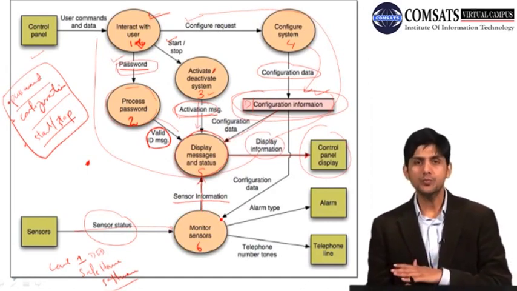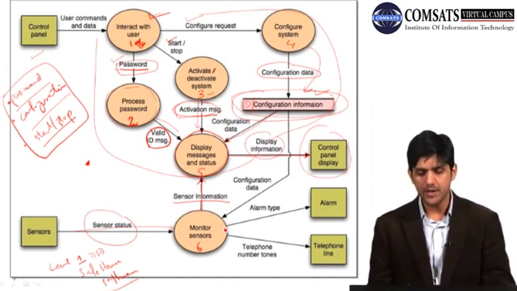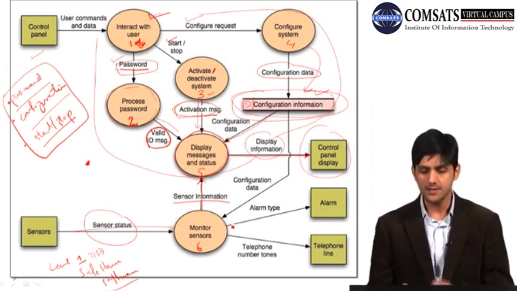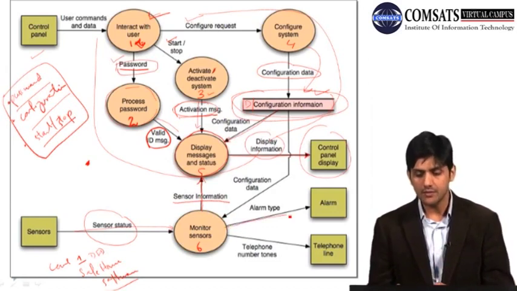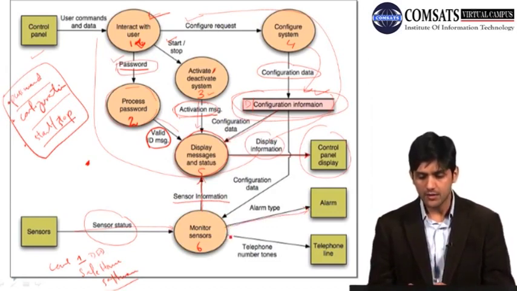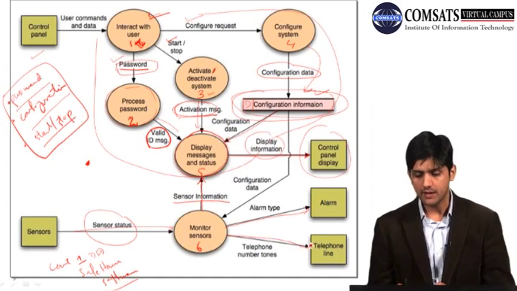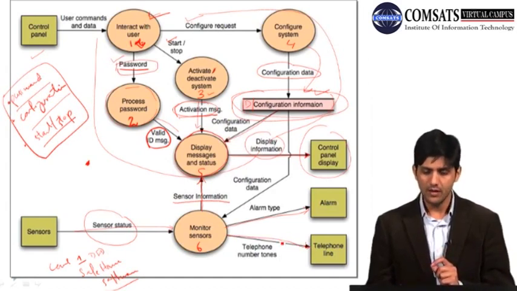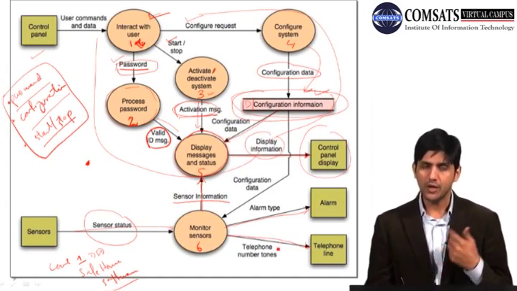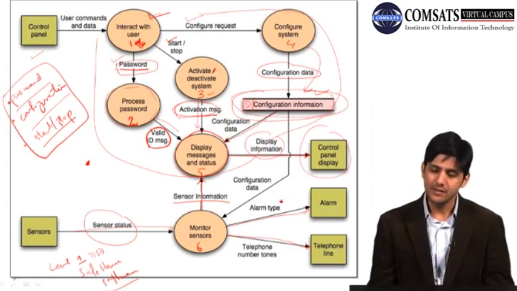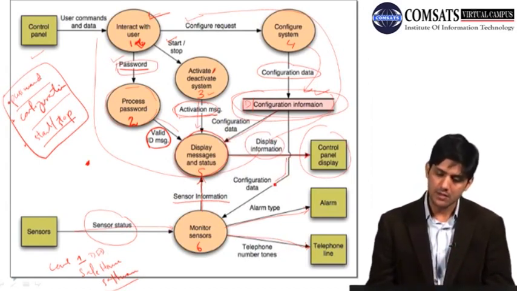And then there are 2 other outputs from this process. Depending on the sensor status, you will sound an alarm, and you may activate a telephone line. But you cannot do that unless you know the configuration settings of the system. So there are 2 inputs to the system.